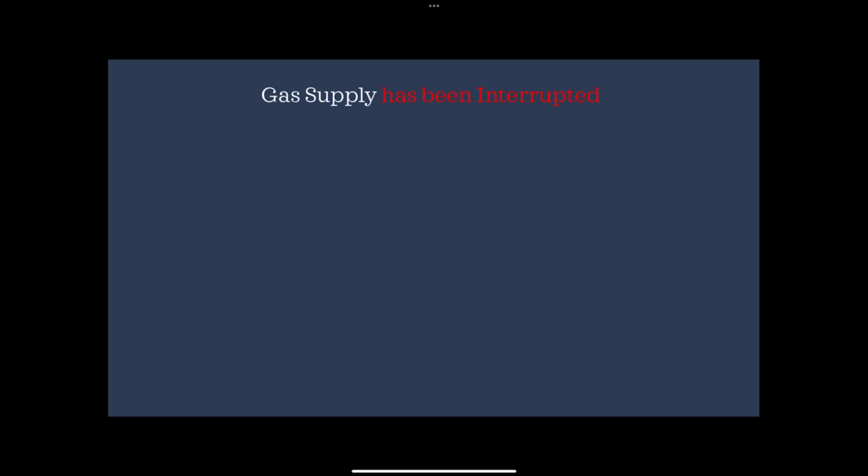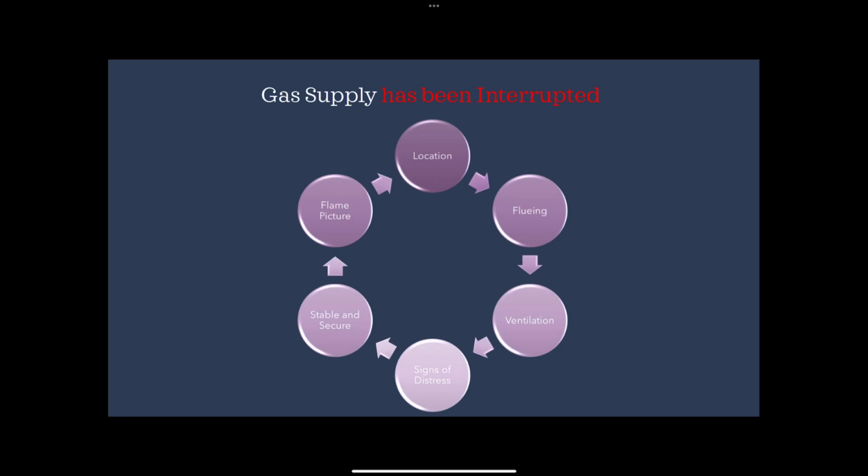Now we move on to the situation where the gas supply has been interrupted. And for this situation, there's one extra check you must make. So everything is as before. You've got the location, the fluing, the ventilation, the signs of distress, and the security and stability of the appliance.